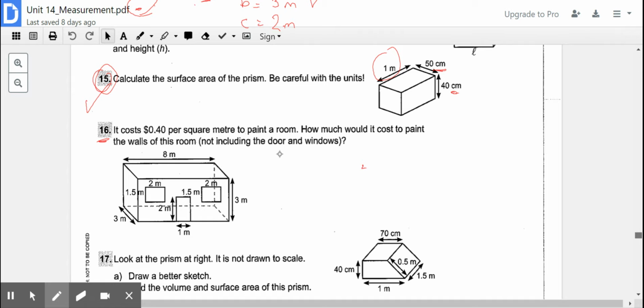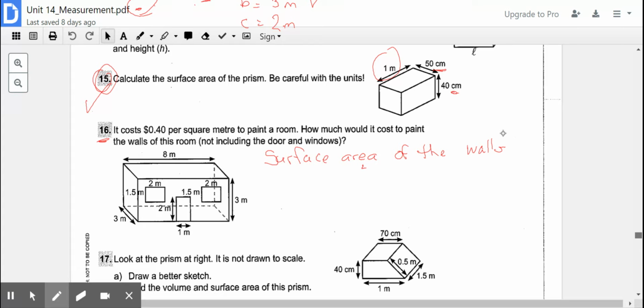First off, we need to find the surface area of the prism. Oh, that's a tough one. They're not really saying we need to do the roof or the floor. So what's the surface area of the walls? All 4 walls. Okay?